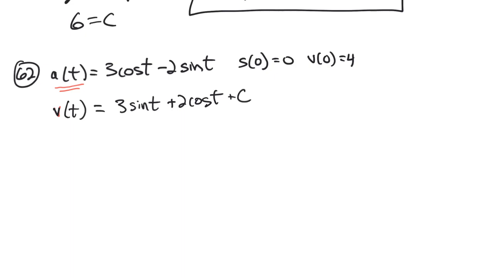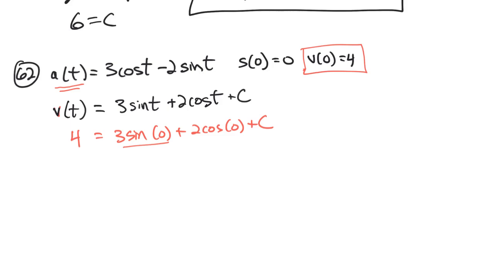Well, we can find the c because they did tell us this, right? They tell us that when time is 0, independent variable t is 0, the velocity is 4. So let's use that and see if we can find c. I'll do this one in red. So 4 equals 3 times the sine of 0 plus 2 times the cosine of 0 plus c. Well, sine of 0 is 0.